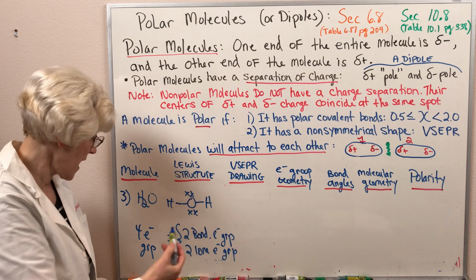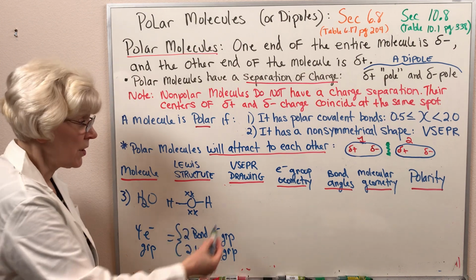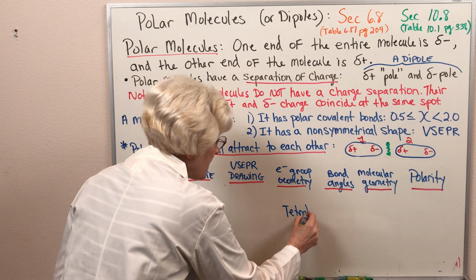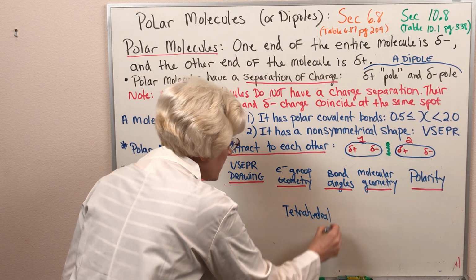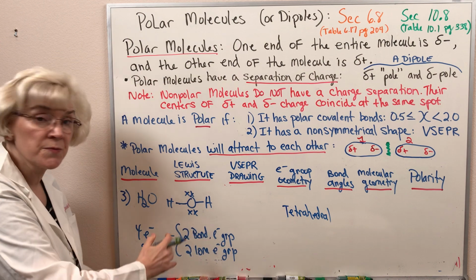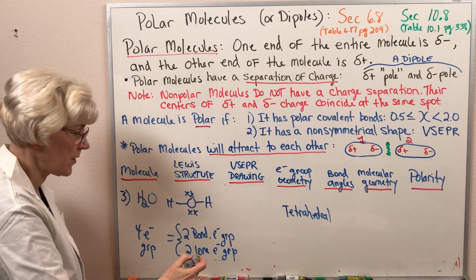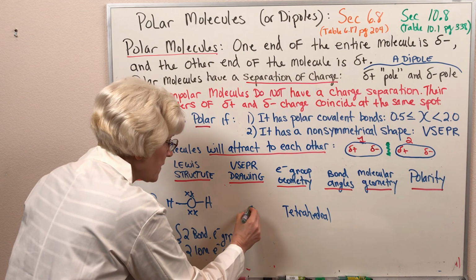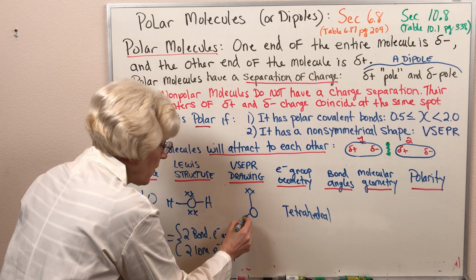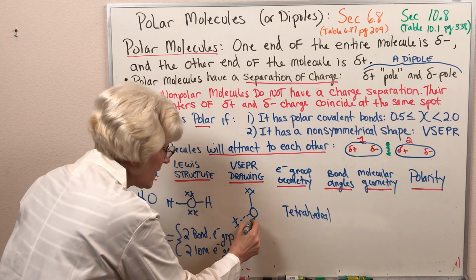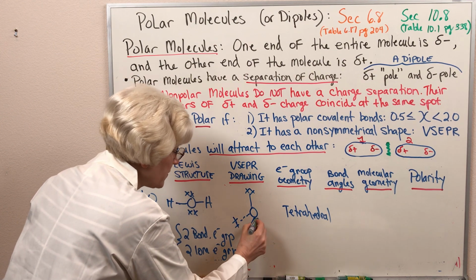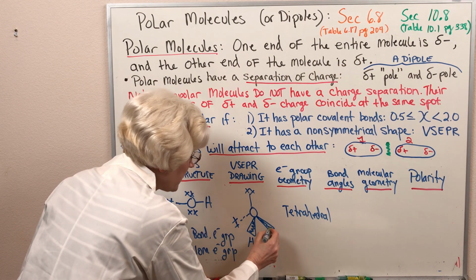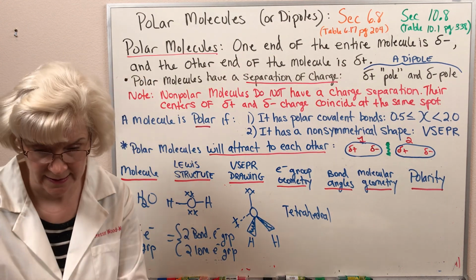Now, whenever you have 4 electron groups, you know that the electron geometry has to be tetrahedral. Those electron groups are going to push as far apart from each other as possible. So if I draw water indicating in fact what its shape looks like, I'm going to have a structure that looks like this.